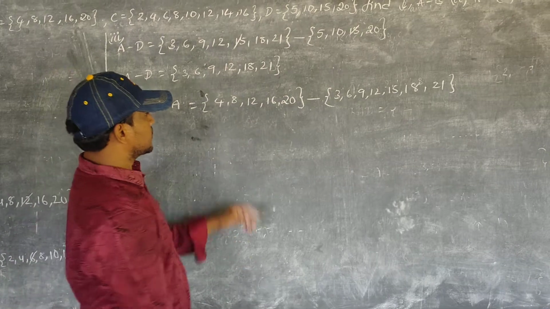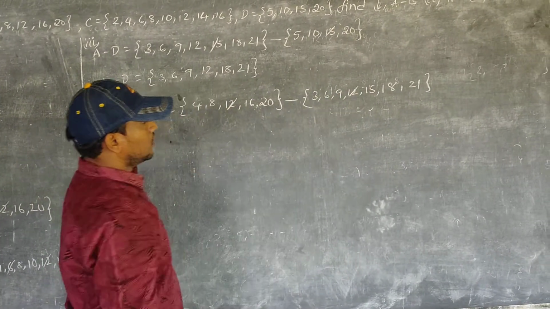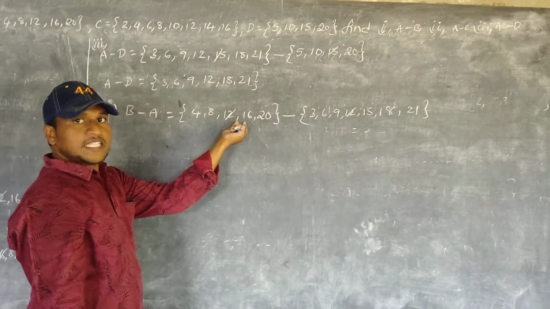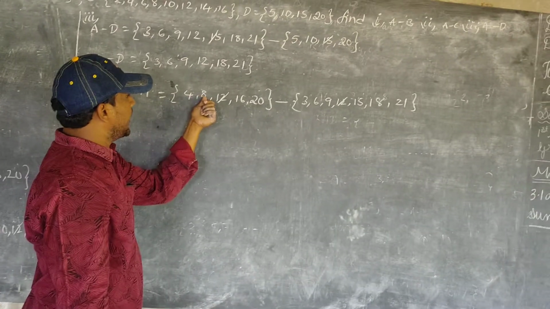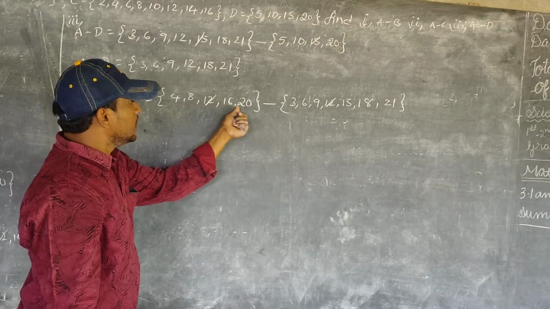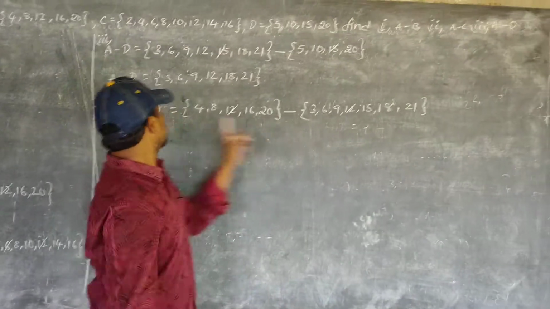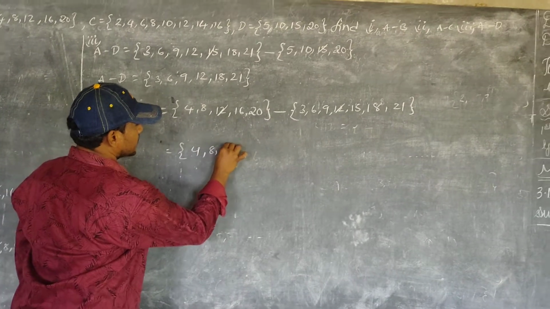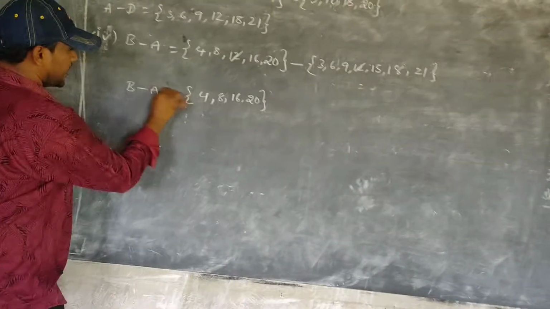Only 12. Write only the remaining elements of set B: 4, 8, 16, 20. Don't write set A. That is B minus A.